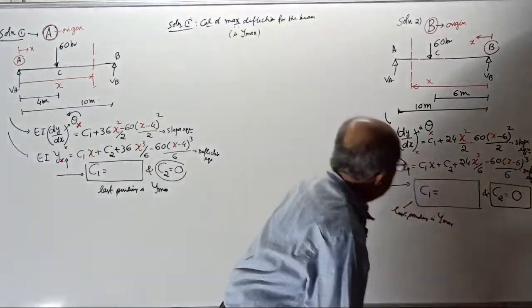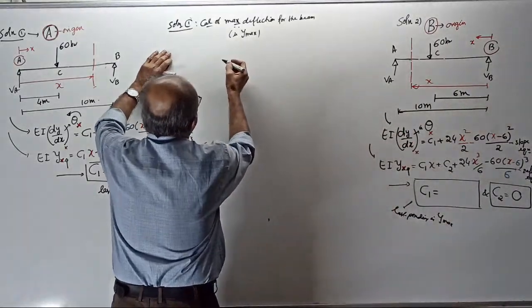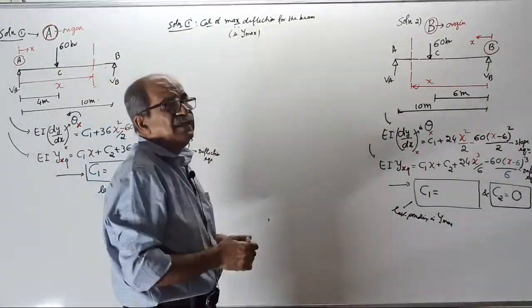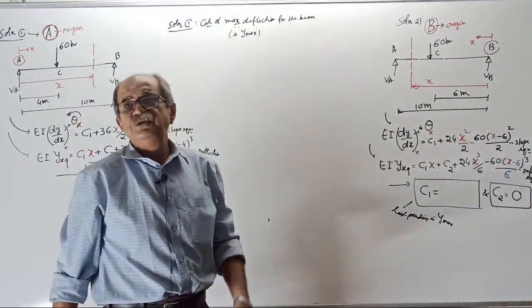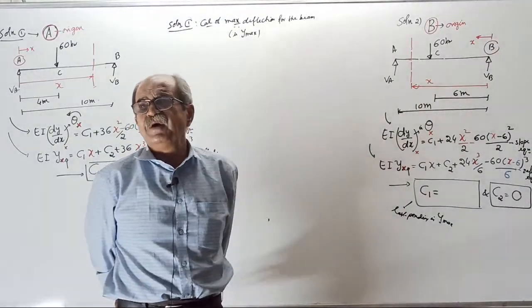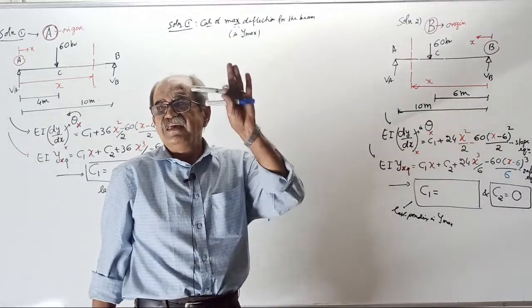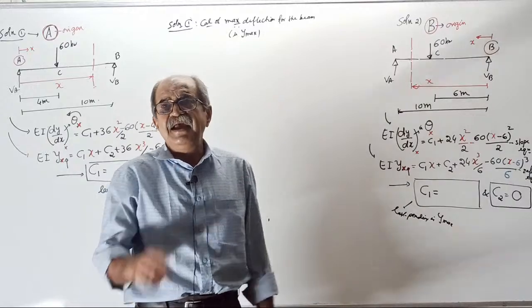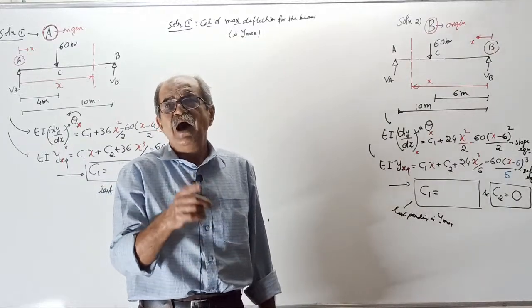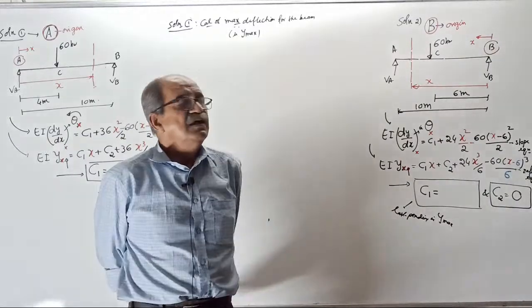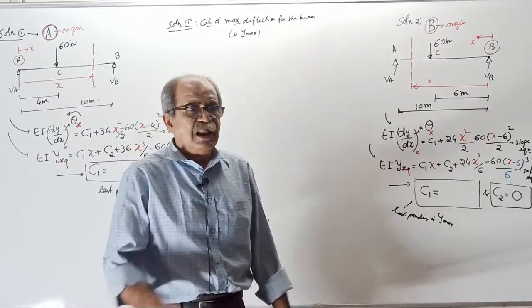Now, first, write a sketch. First decide: is it possible to decide correctly where Y maximum is? Is it possible to correctly decide Y maximum by observation, with 100% guarantee? Tell me, possible?